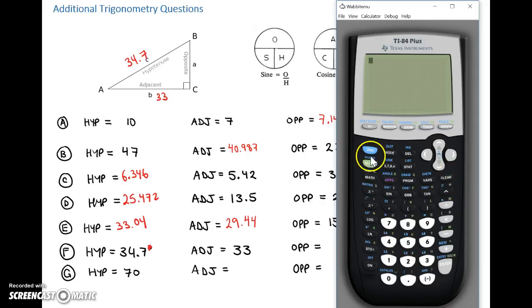Careful. Cos of 33 over 34.7. Okay, that gives us an angle of 18 degrees. Beauty.